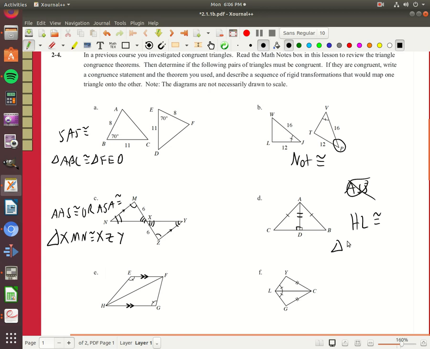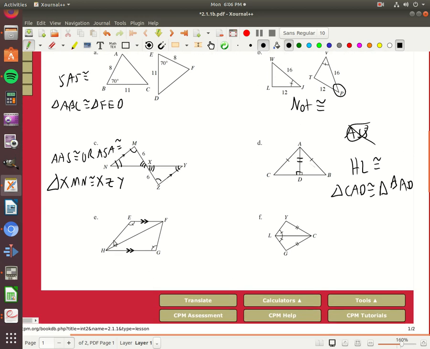Again, I can say triangle CAD is congruent to BAD. C is across from 2 ticks, B is across from 2 ticks, A is across from unmarked, and D is across from 1 tick, plus they're both the 90-degree angles.